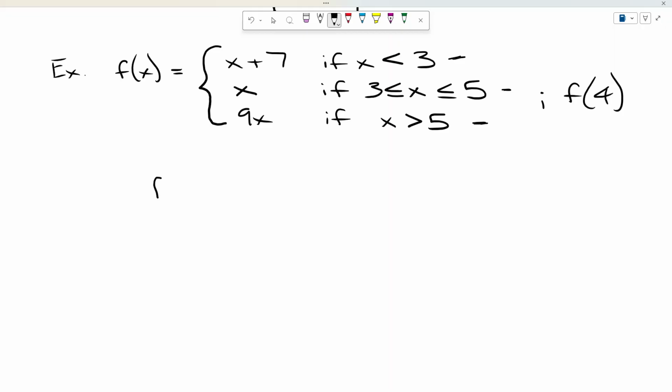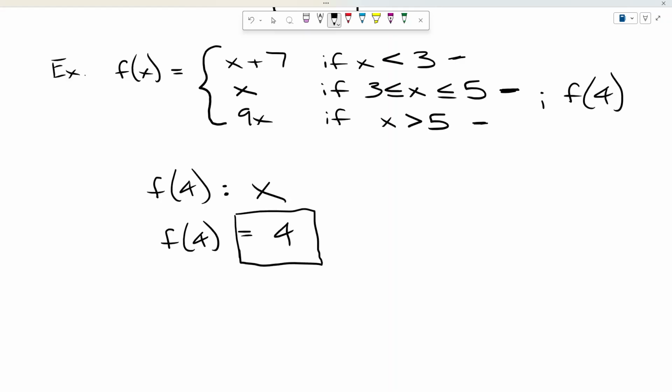So it looks like 4 would only fit into the middle equation for all x greater than or equal to 3 and less than or equal to 5. So 4 is smack dab in the middle of this specified domain that corresponds to, in this case, simply x. So all we would have is f of 4 equals 4. So not much to that one there.